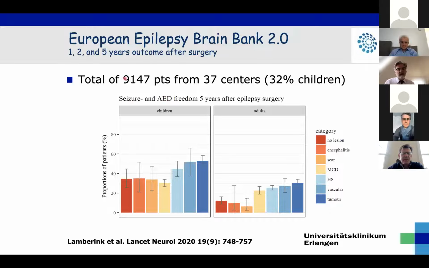And again, more than 9,000 patients from 37 centers, and you see here an overwhelming result that children do better, and that for tumors and the vascular lesions, more than half of all patients were drug and seizure free. And that is remarkable. I mean, they're cured. And that's exactly the take-home message here.